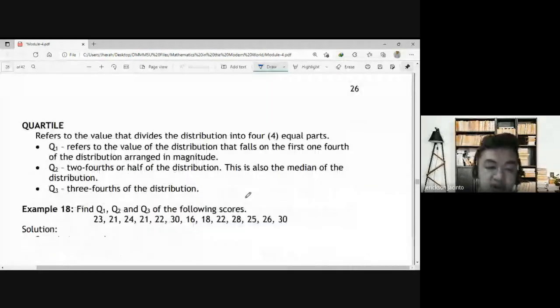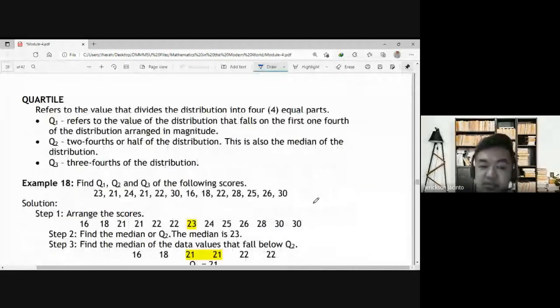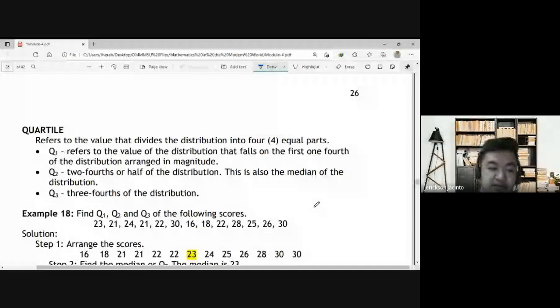Then, we have quartile. Kung naaalala ninyo, meron tayong measure of quantiles. Yung isa is quartile, yung pangalawa is decile, and meron yung percentile.